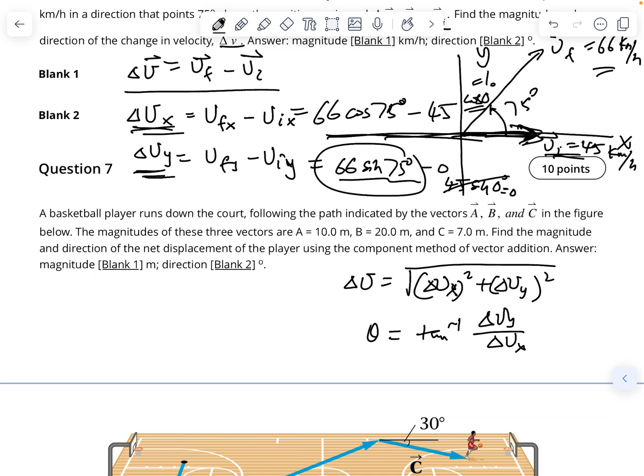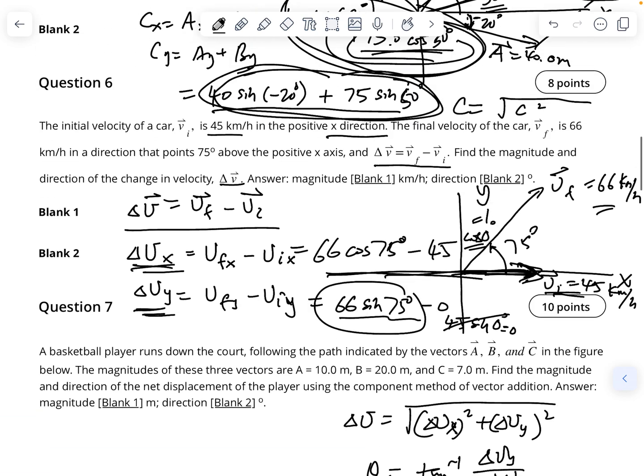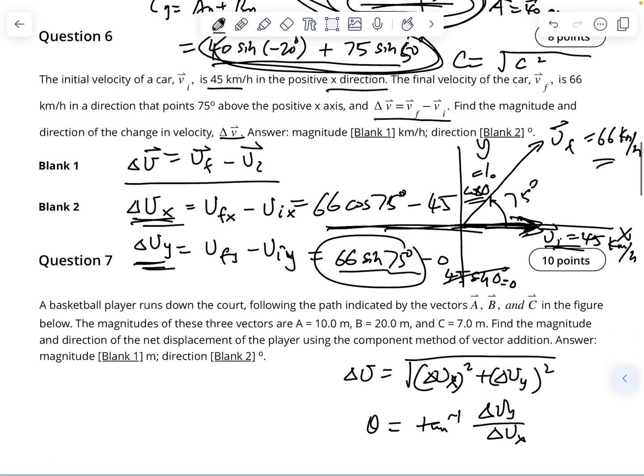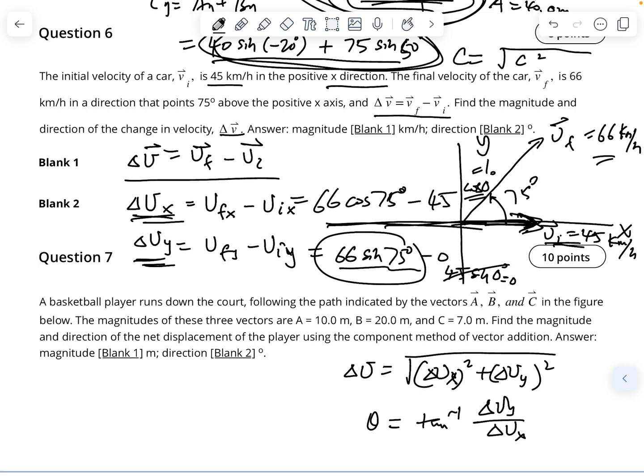So this is 66 cosine 75 minus 45. Ooh, negative, right? So this is negative. So delta vx is negative, delta vy is positive. Okay. Then you do the inverse tangent function.